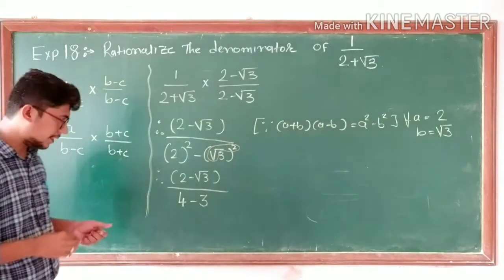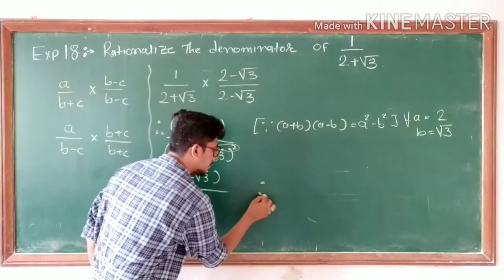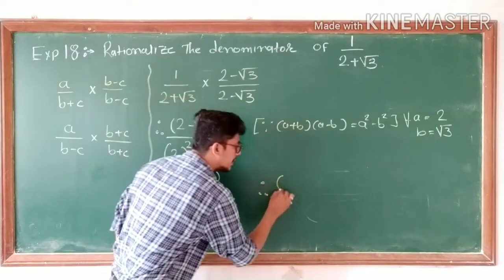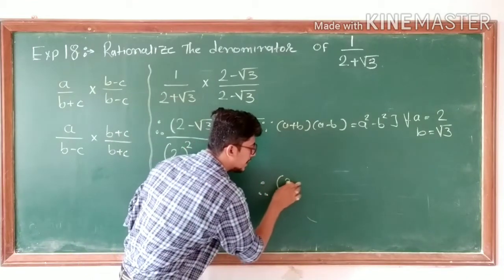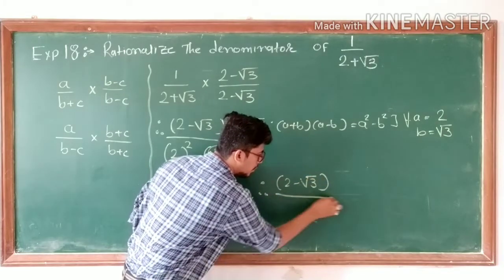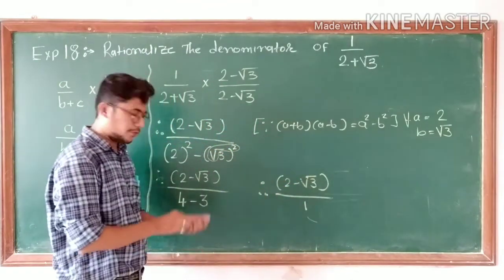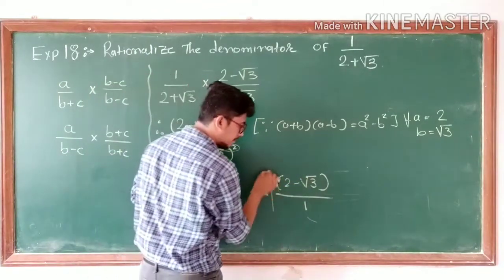Therefore, 2 minus square root of 3 as it is, whole divided by 4 minus 3, which is 1. So it will be your final answer.